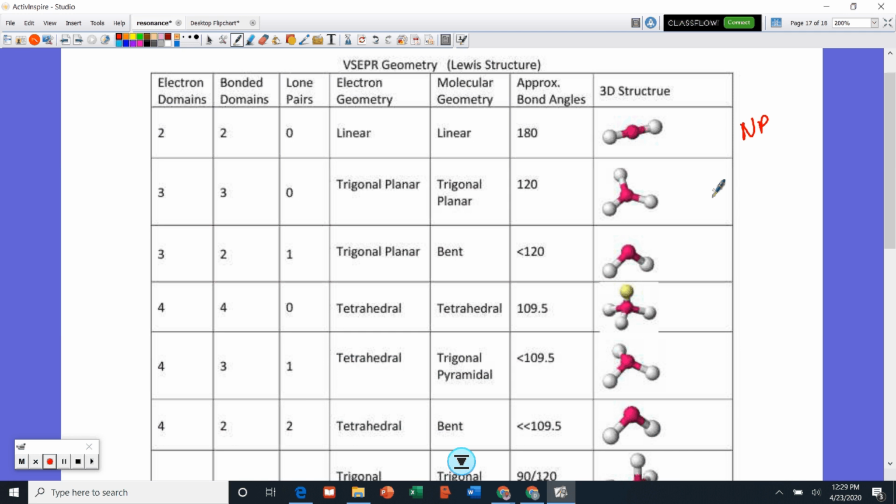This one is always non-polar, this shape. Trigonal planar. All right. So we have 3 electron domains, 2 bonded domains, and 1 lone pair. So we actually have these little electrons right there, and that's going to make this have a dipole moment that's kind of shaped like that, and that it's going to become more polar. All right, tetrahedral, no lone pairs. So this one is non-polar.